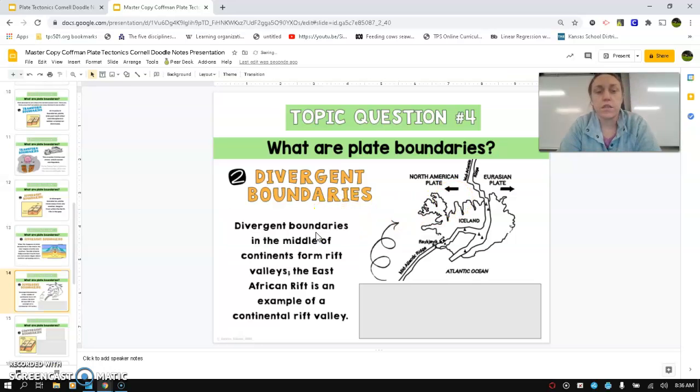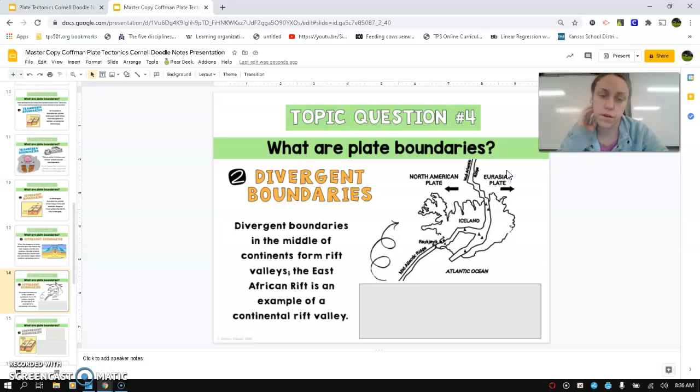Okay. The divergent boundary in the middle of the continent, rift valleys, the East African rift, is an example of that, and I'll show you a copy of that. This is not the East African plate. There's the North American plate and the Eurasian plate. So Canadian geese right in the middle don't know where they're going.